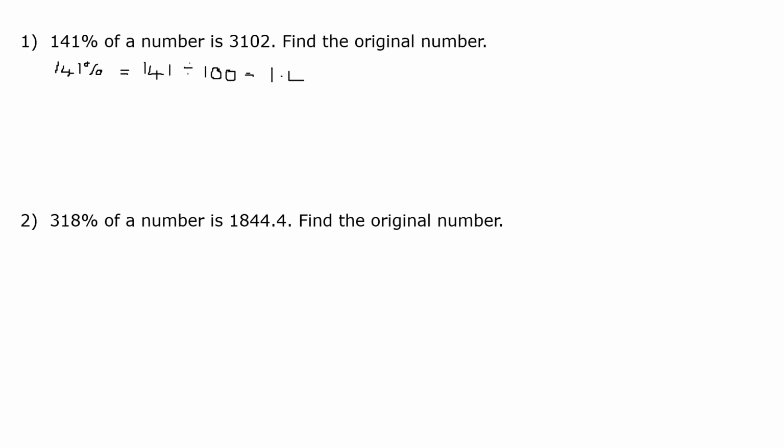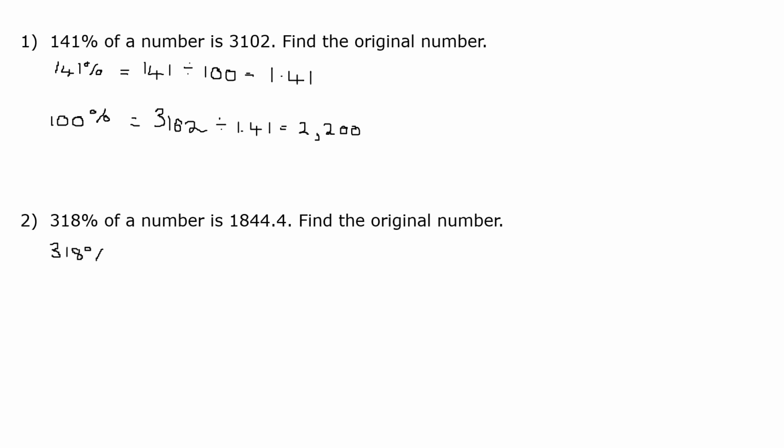That will give me 1.41. And then I want to find my original amount. So I'm going to take my 3,102. I'm going to divide that by 1.41. And that will give me 2,200. So my original number is 2,200.